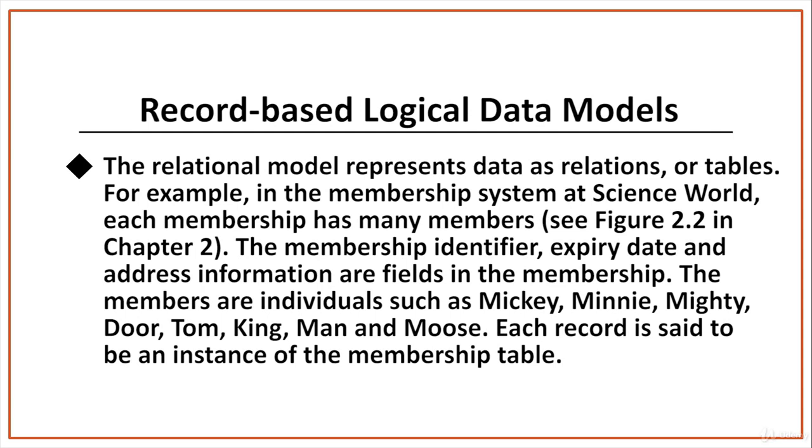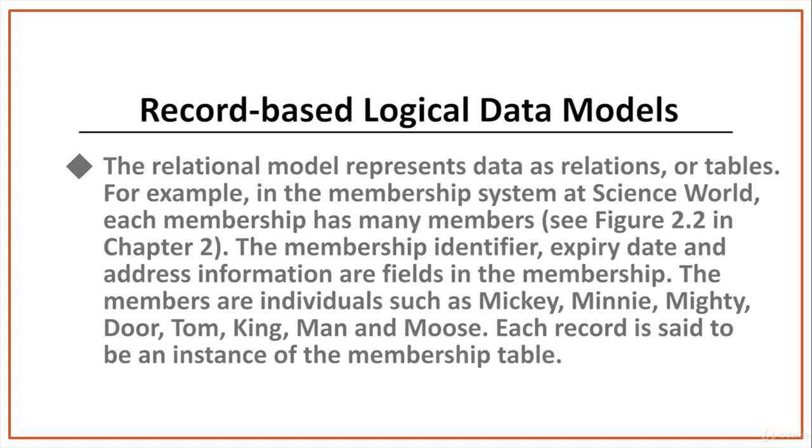For example, in the membership system at Science World, each membership has many members. The membership identifier, expiry date, and address information are fields in the membership. The members are individuals such as Mickey, Minnie, Mighty, Door, Tom, King, Man, and Moose. Each record is said to be an instance of the membership table.